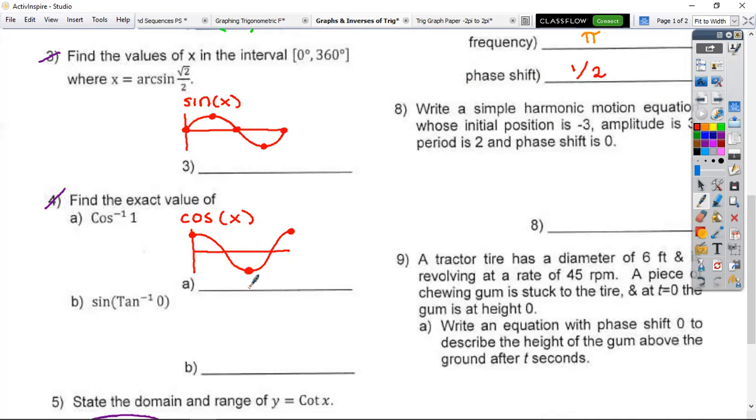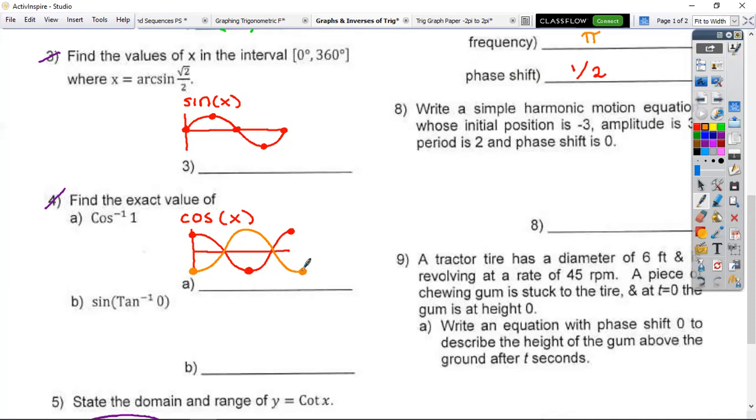All right, so our initial position is going to be -3. So what are we working with here, sine or cosine? Well, we could work with cosine, and what if we did this? Start at -3, and then what would it do? How can I make it do this? I'm hearing good things. I'm hearing reciprocal and I'm hearing negative.